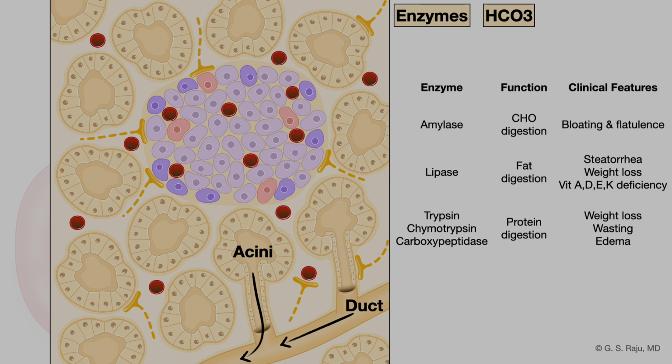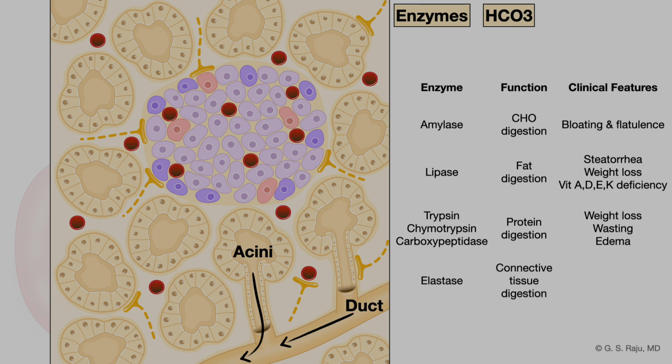In addition to these proteolytic enzymes, there is another important enzyme called elastase. If somebody is eating a lot of meat, the connective tissue in that meat needs elastase for digestion. And something to keep in mind: unlike other enzymes, elastase is a very stable enzyme and it can be measured in the stool.